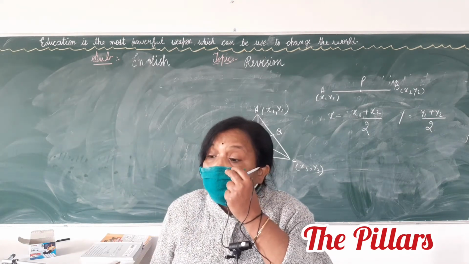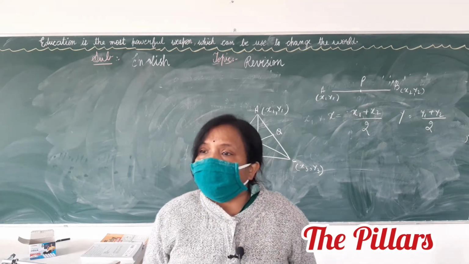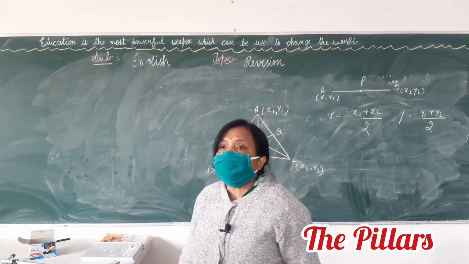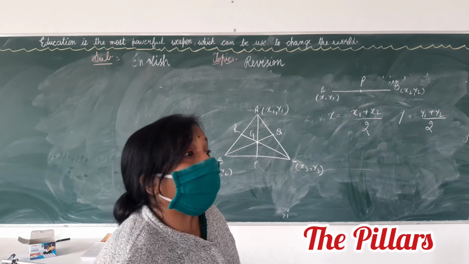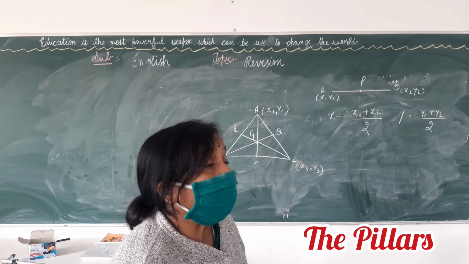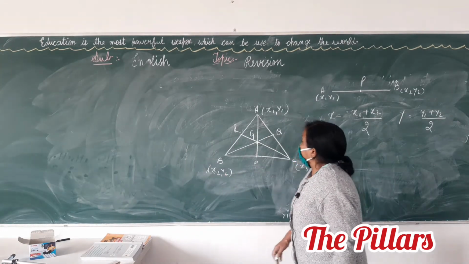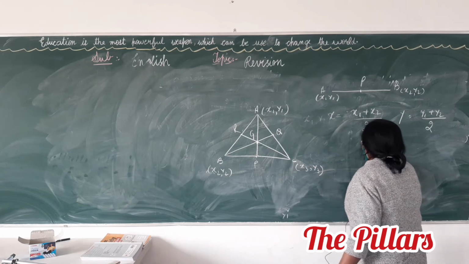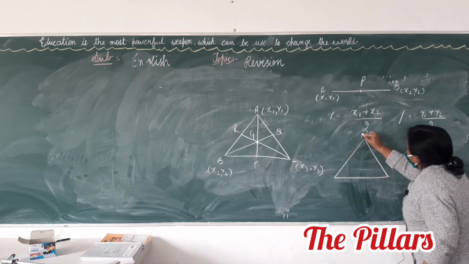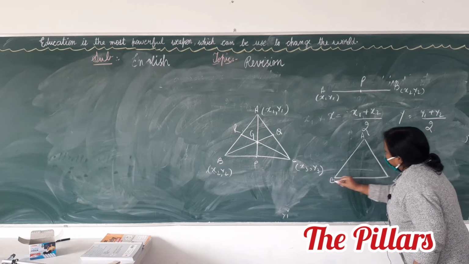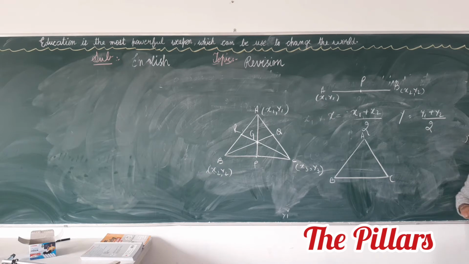Orthocenter. It is the point where the three altitudes of a triangle meet. Altitudes. You write down, I will explain to you. Where the three altitudes of a triangle meet. A, B, C. Look here please. What is the meaning of altitude?